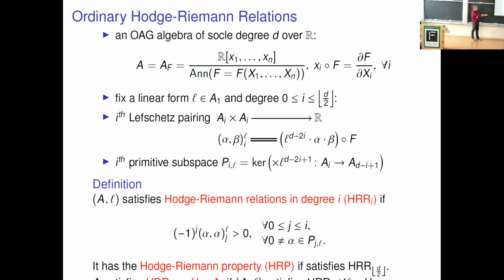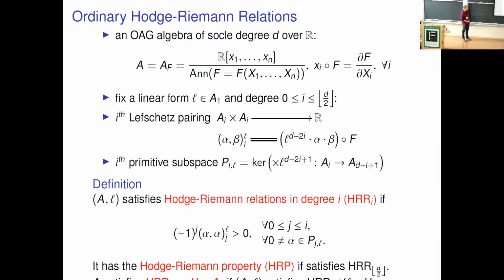That amounts to really just a bunch of polynomial inequalities. And I'll say Hodge-Riemann property if it satisfies the Hodge-Riemann relations up to the maximum possible, which is floor of d over 2. I'll also use this language: HRR_i on a subset of linear forms U means that A and L satisfy HRR_i for all linear forms L in U.